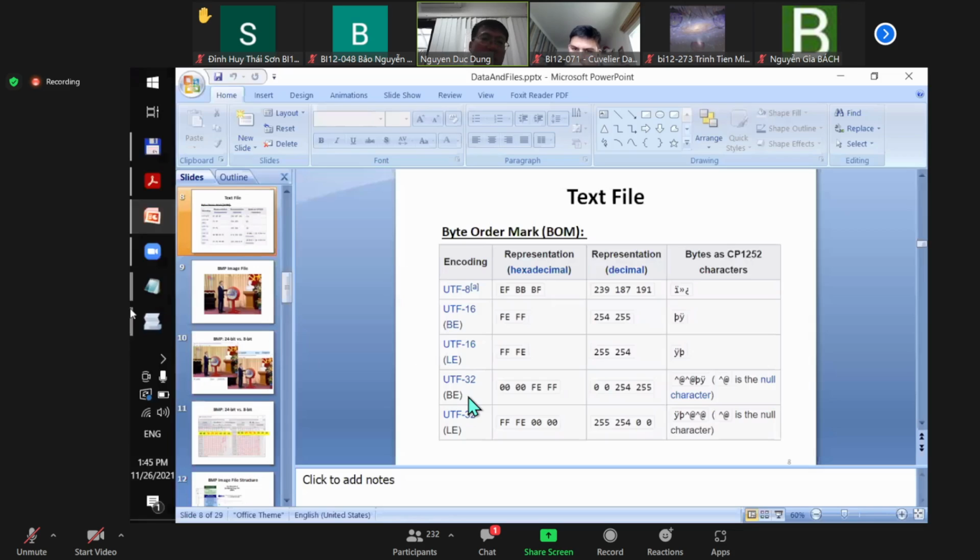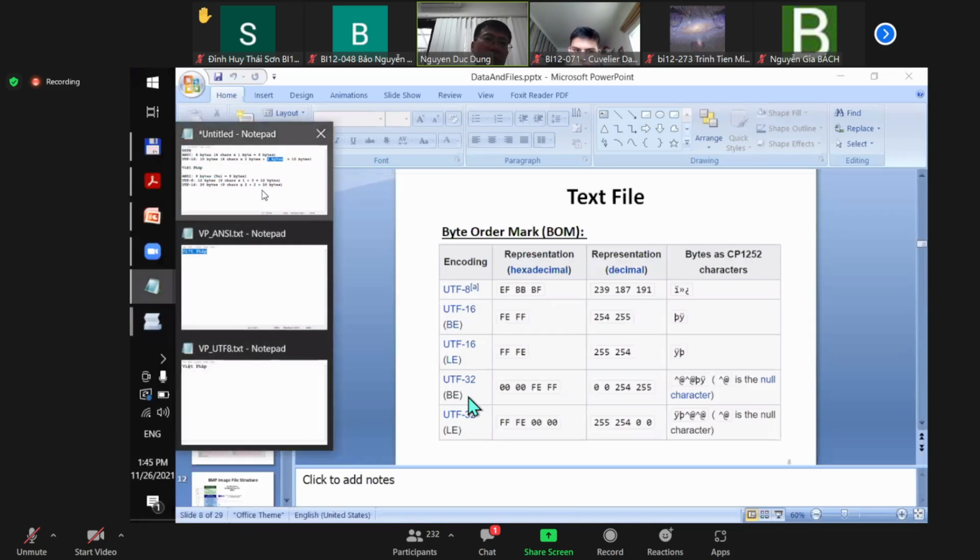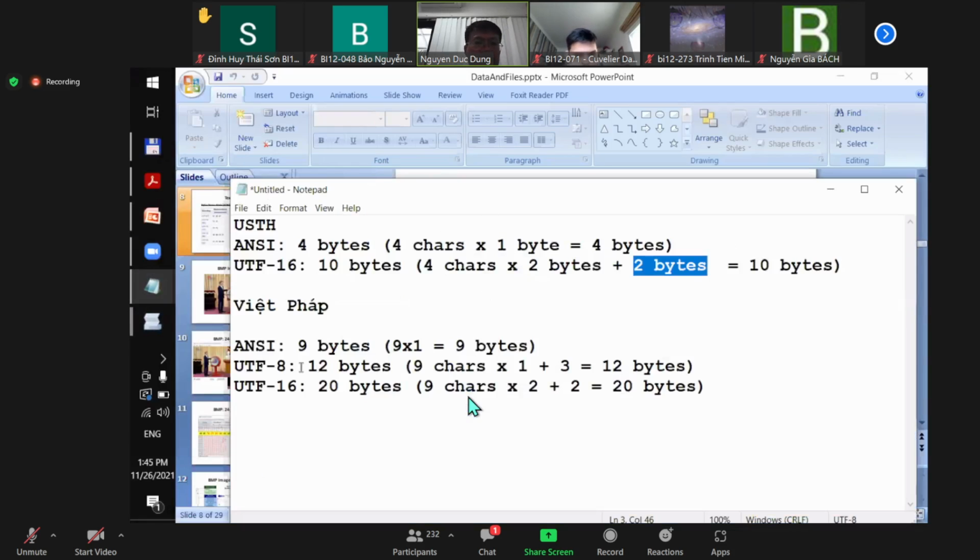And why do we have 12 bytes in UTF-8? Because the first bytes here are not the same.